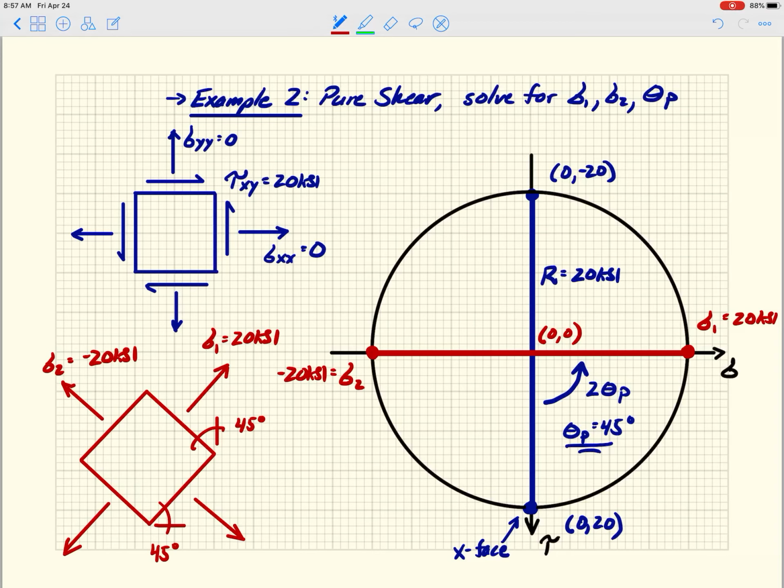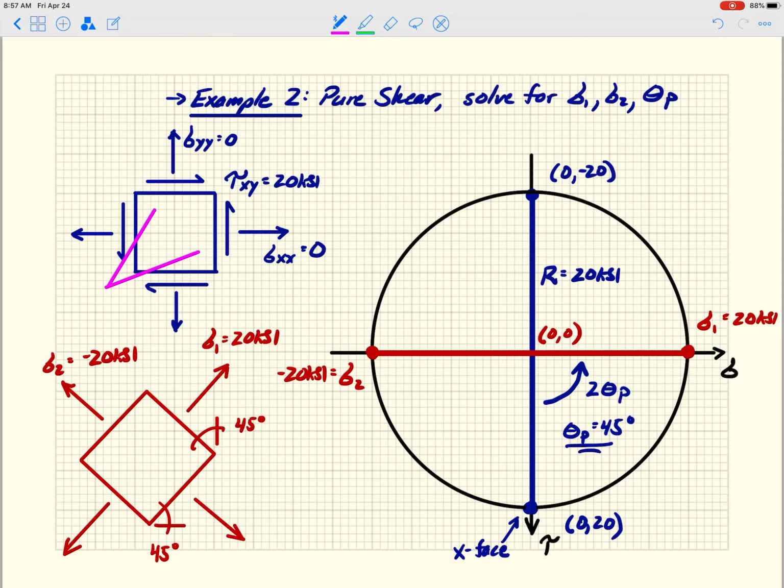So that's interesting. I hope that you see that I can apply pure shear to a piece of material, and what comes out is, in that orientation, of course, pure shear, but 45 degrees from that orientation, I have pure tension and compression that are balanced. So if you start with pure shear, the normal stresses are going to equal the same as the shear stress. Hopefully you can start to see that.